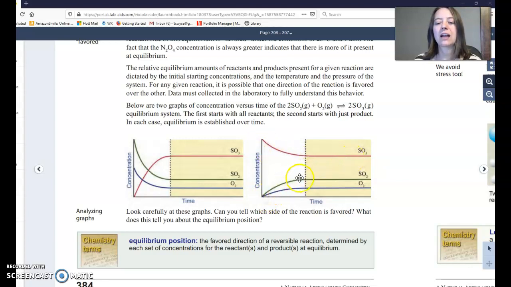And so some of our reactants would form. And the equilibrium position is the same no matter if we started with all reactants or all products. So in this system, is it the forward reaction or the reverse reaction that is favored? If you said the forward reaction, because we end up with a higher concentration of sulfur trioxide, you would be correct.